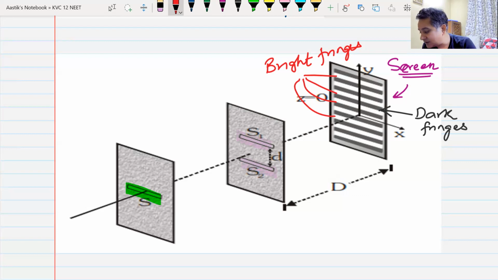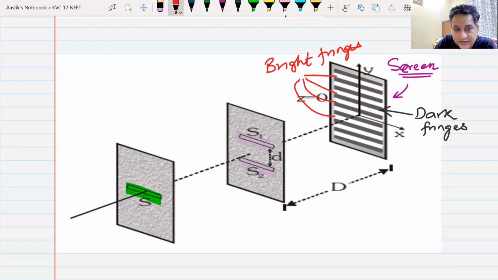This is known as your Young's double slit experiment. Do we understand this? You will have alternate dark and bright fringes formed on the screen, and this is known as your interference pattern on the screen.